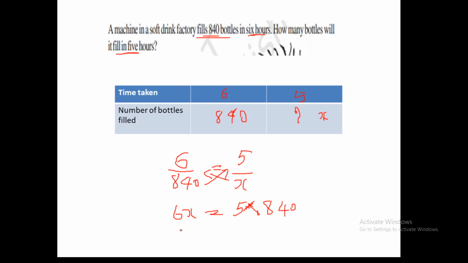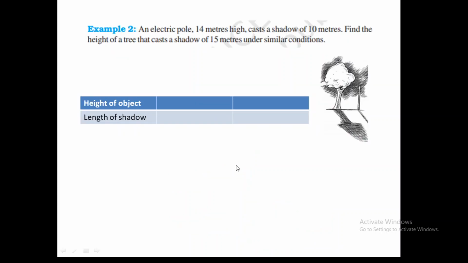Then what is x? x is equal to 5 into 840 by 6, right? Then what is the answer? Find the answer. What is the number of bottles filled in 5 hours? You find that yourself. Next question.